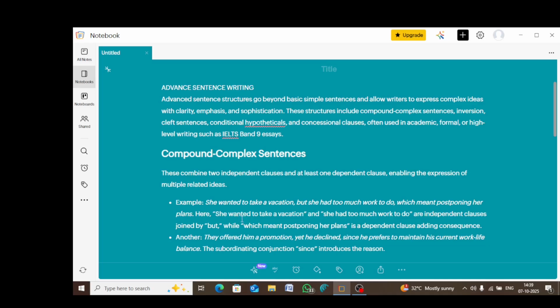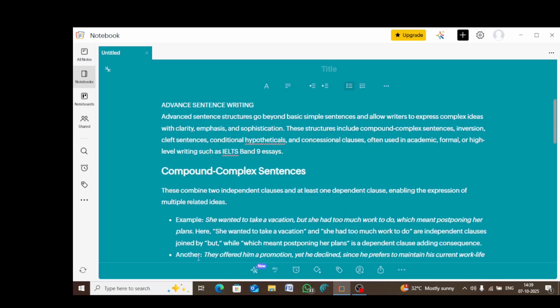Here, she wanted to take a vacation and she had too much work to do are independent clauses joined by but. Which meant postponing her plans is a dependent clause adding consequence.